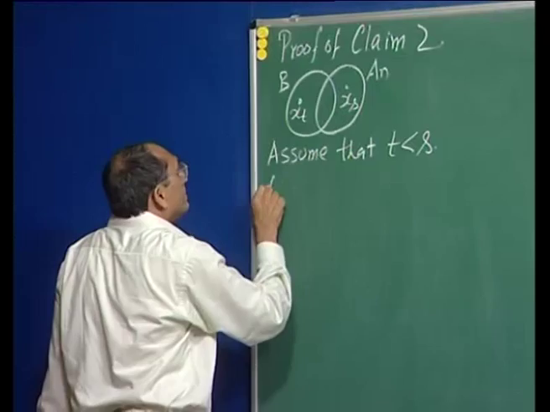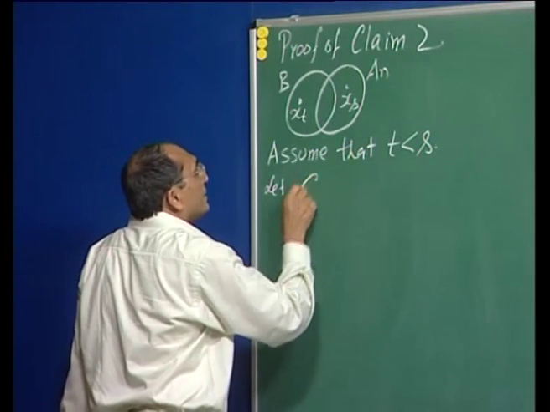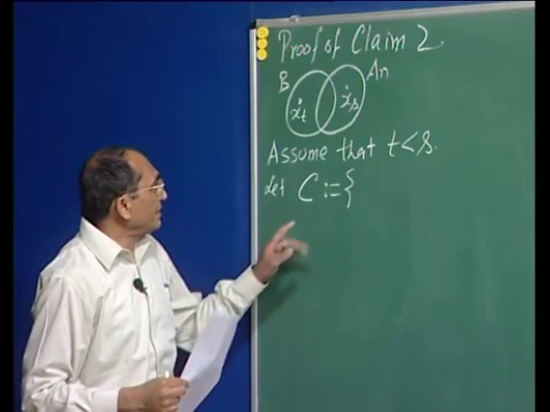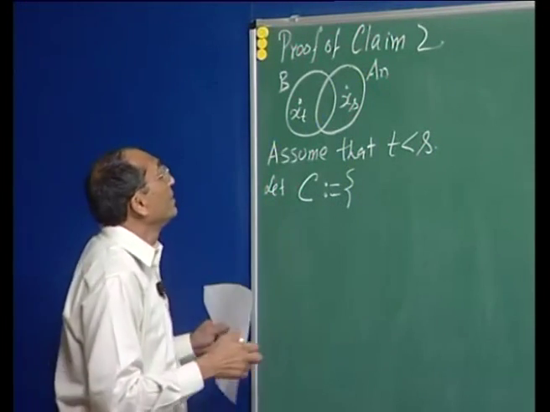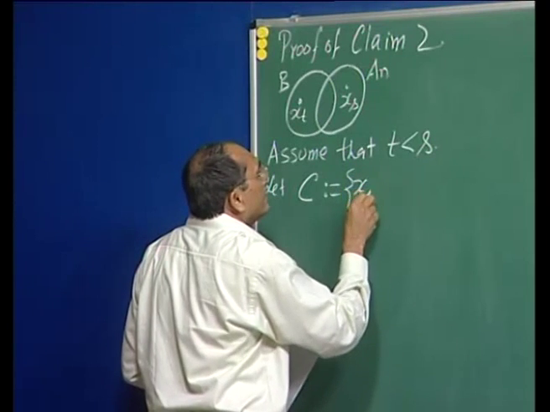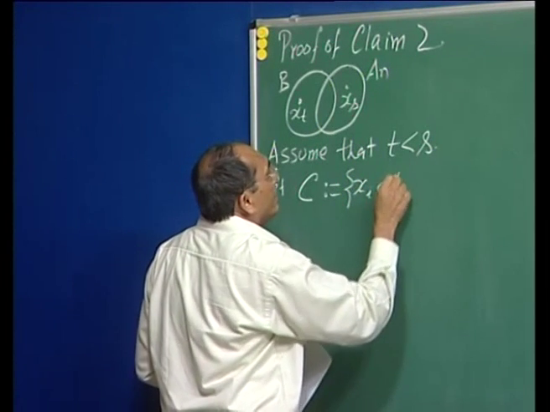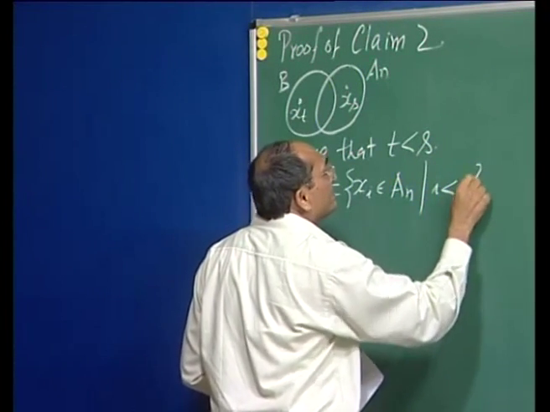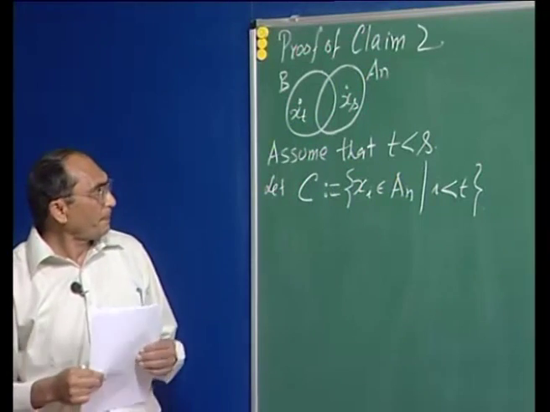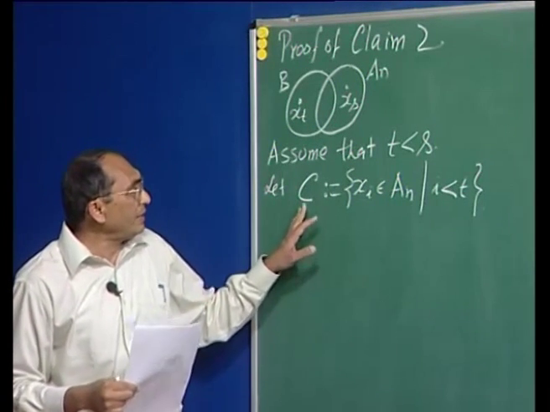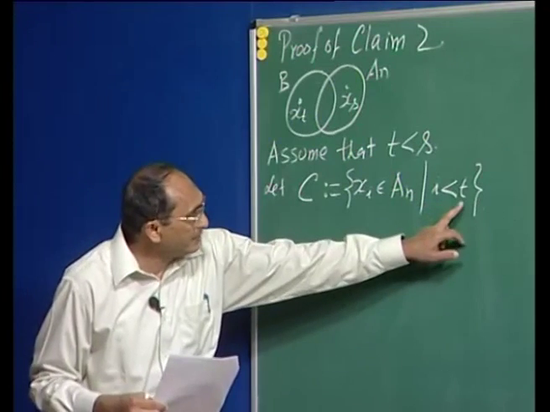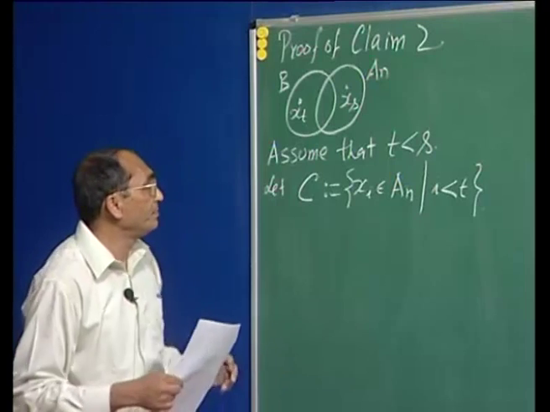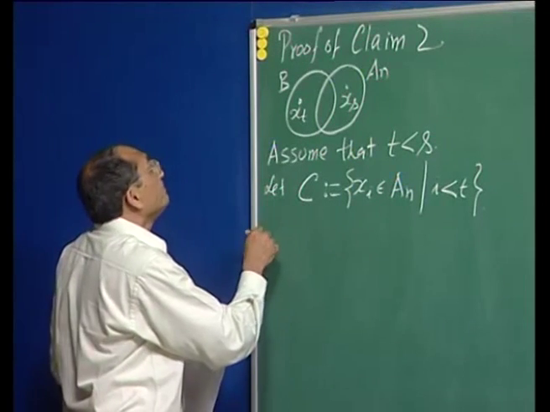Now, let C be the set of elements x_i in A_n such that i is less than t. Okay. So, we are taking all the elements of A_n with index less than t. Obviously, t is not in A_n, so it will be always only up to t.